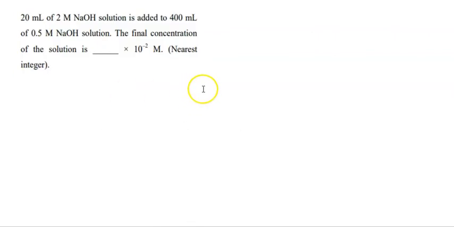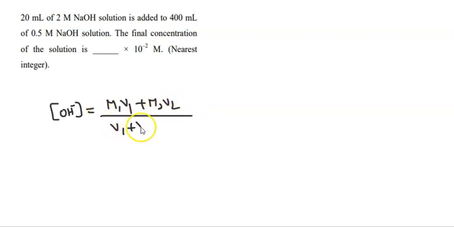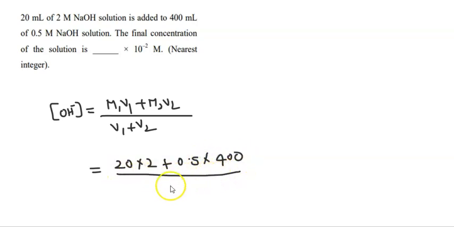Next: 20 ml of 2 molar NaOH solution is added to 400 ml of 0.5 molar NaOH solution. What is the final concentration? It is from solution concept and concentration terms. Both are bases, so the formula is the final concentration of NaOH equals M1V1 plus M2V2 by V1 plus V2. That is 20 into 2 plus 0.5 into 400, and the total volume in ml is 20 plus 400, which is 420.